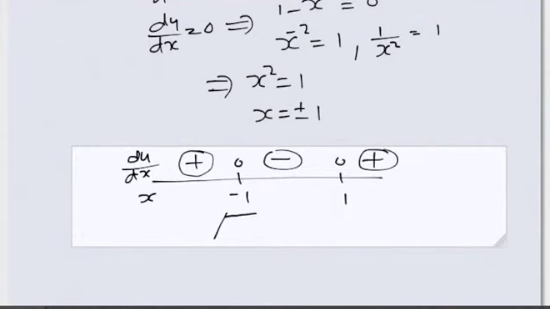At minus 1, the gradient is 0. For values of x slightly more than minus 1, the gradient is negative, so that's going to be a maximum. Likewise, the stationary point at 1 is a minimum, because the gradient goes from negative to 0 to positive.